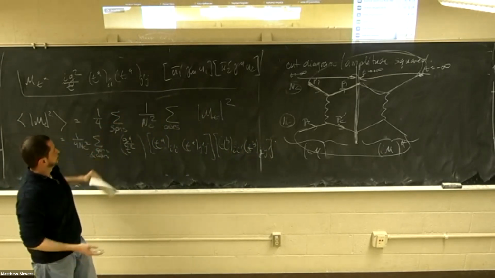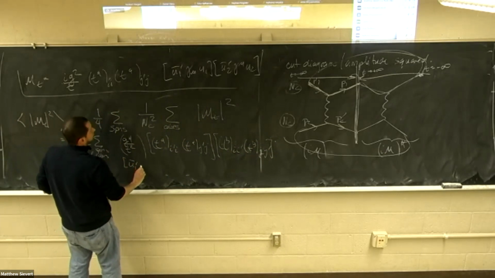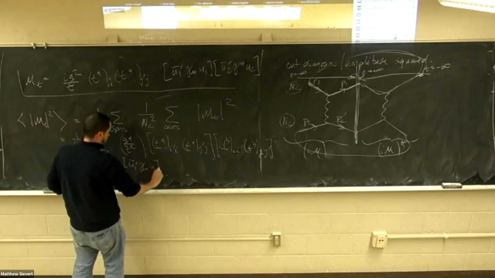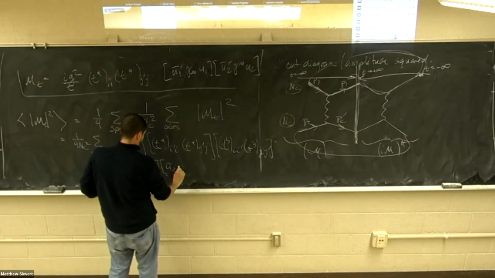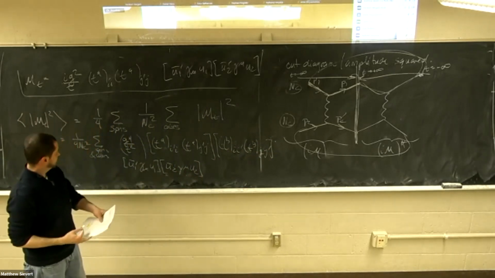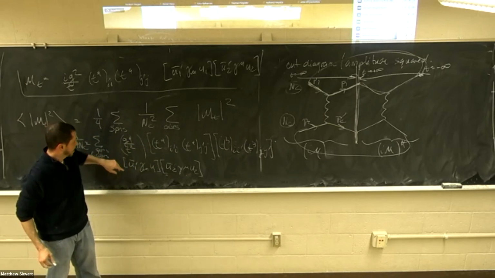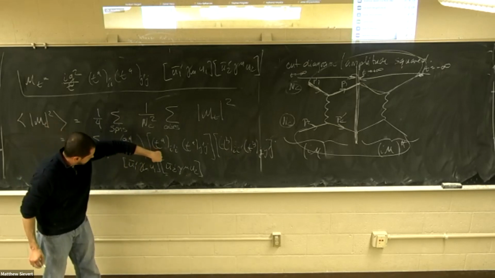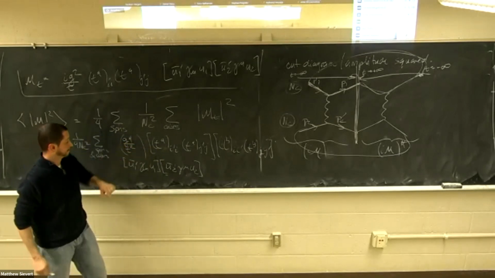I also have the spinor products. From the amplitude, I had ū_{1'} γ^μ u_1 and the partner ū_{2'} γ_μ u_2. When I complex conjugate this thing, I get another set of spinor products that get read backwards. The complex conjugate of the spinor product is basically the thing read backwards where you swap the barred and unbarred spinors.